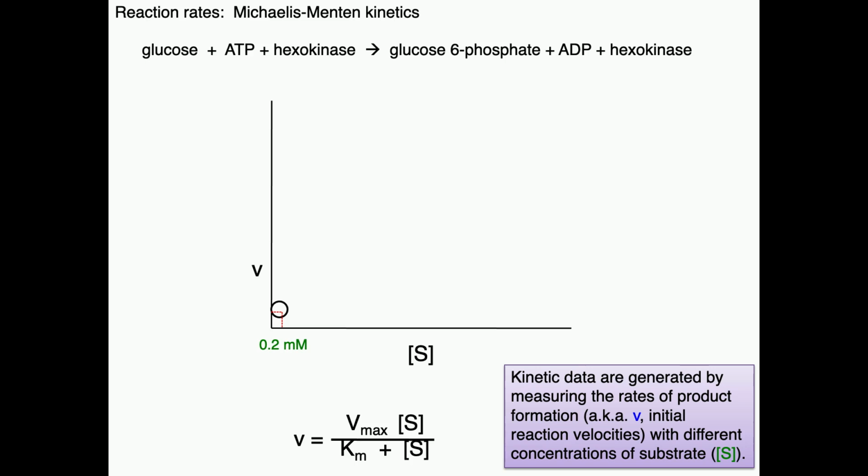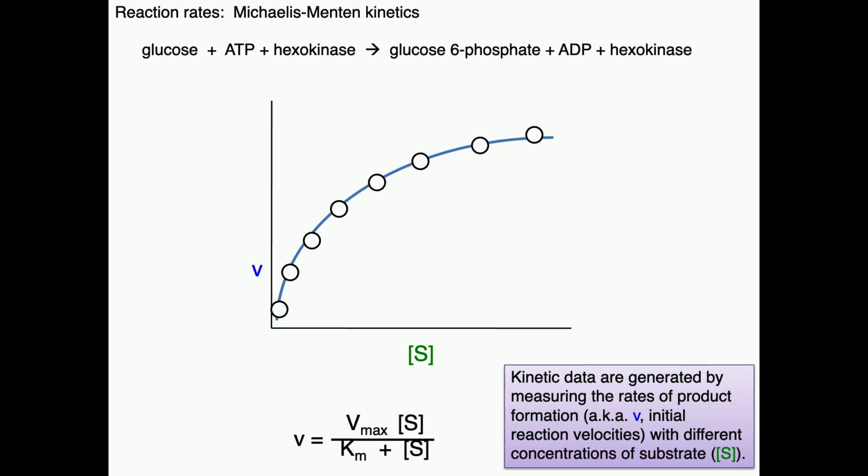Okay, so at low glucose concentration, you get low velocity, and then as you add more glucose, the velocity increases. For monomeric enzymes like hexokinase, the relationship between the substrate concentration and the initial reaction velocity is going to form the shape of a hyperbola.